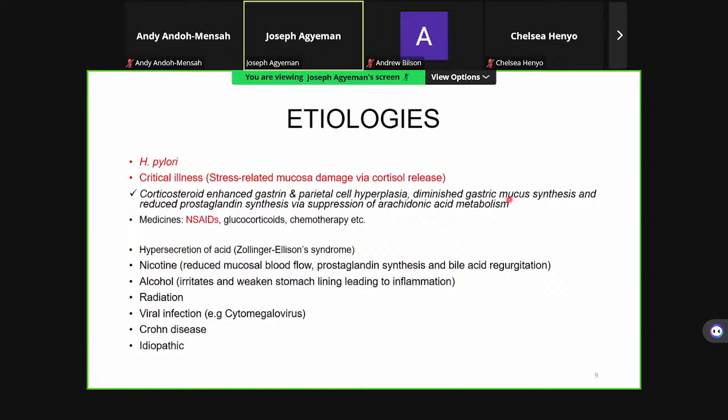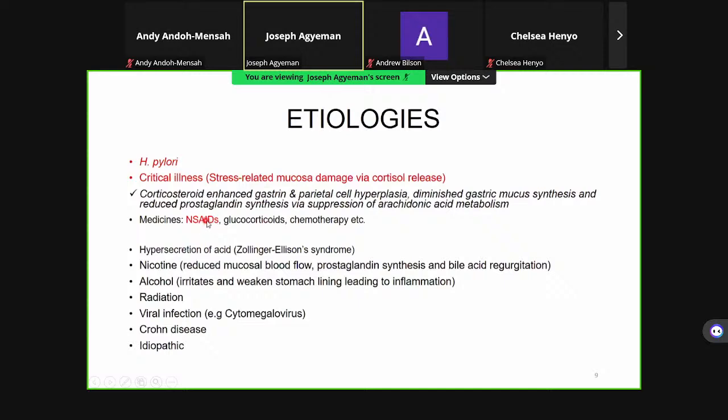Unfortunately, it won't do only this. It won't only antagonize the defense mechanisms, but it will also enhance the aggressive pathways by causing the hyperplasia of parietal cells and gastrin. So this is how critical illness that will lead to the release of cortisol, and people who do take glucocorticoids in excess, this is how they get ulcer from these two inputs.